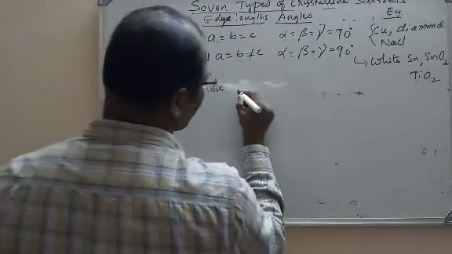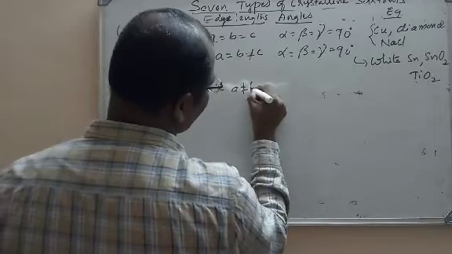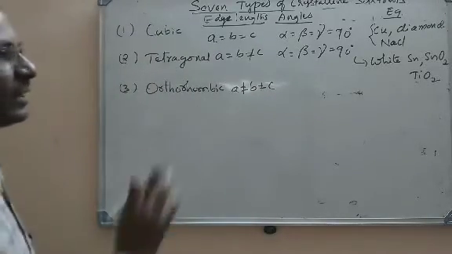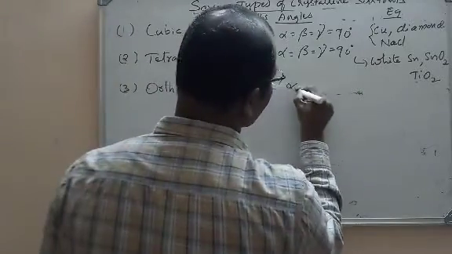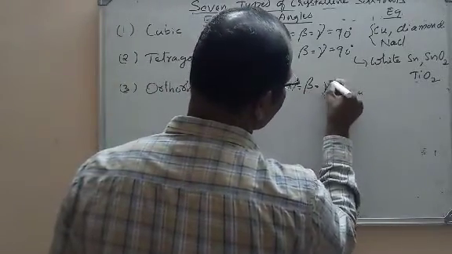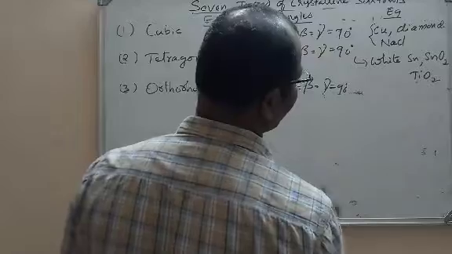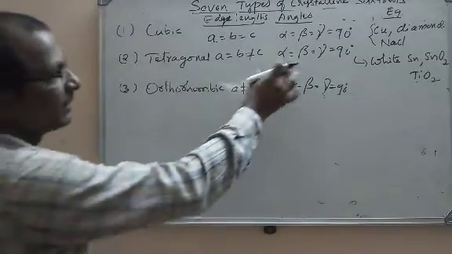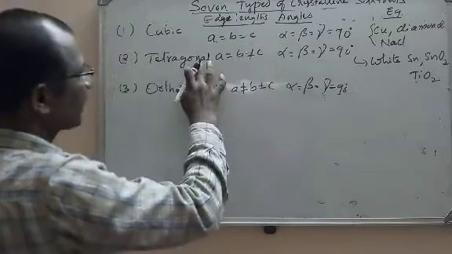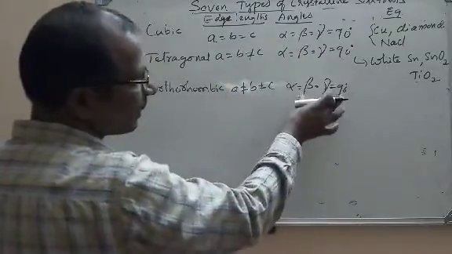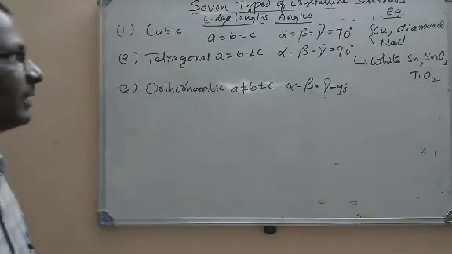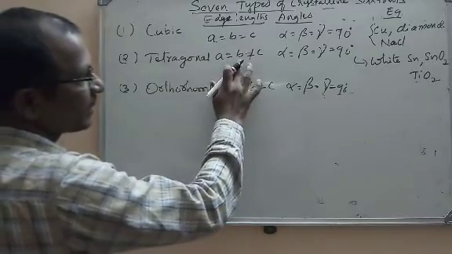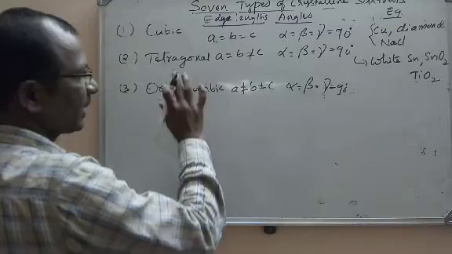So orthorhombic means A is not equal to B is not equal to C. The 3 edge lengths are different here, but still alpha is equal to beta is equal to gamma is equal to 90. See here, in all the 3, cubic, tetragonal, orthorhombic, alpha, beta, gamma remain 90 degrees. The only thing is A is equal to B is equal to C, it will become cubic. A is equal to B is not equal to C, tetragonal.